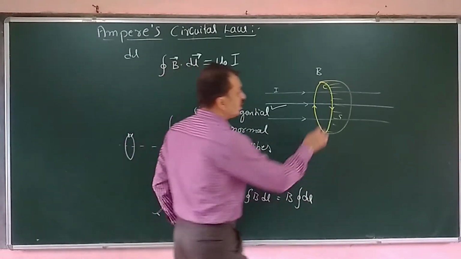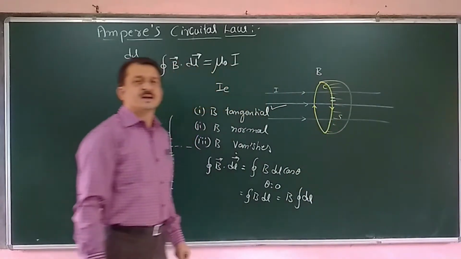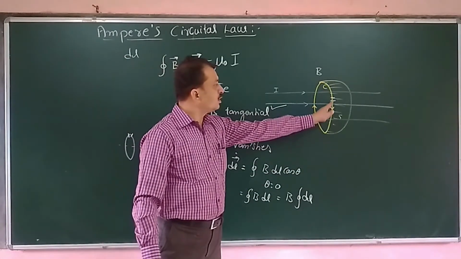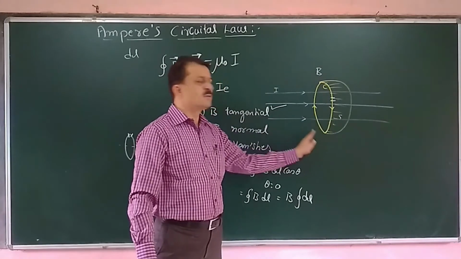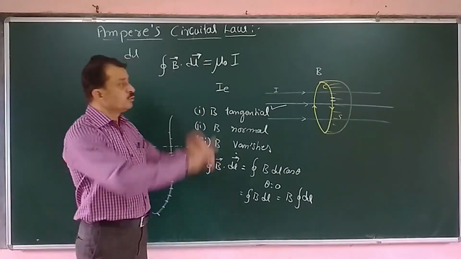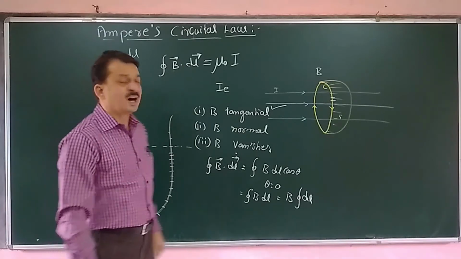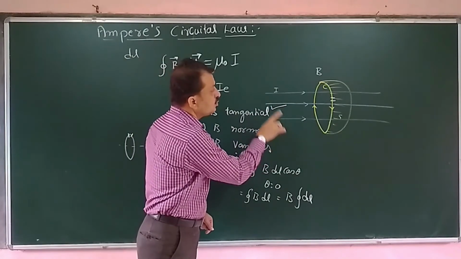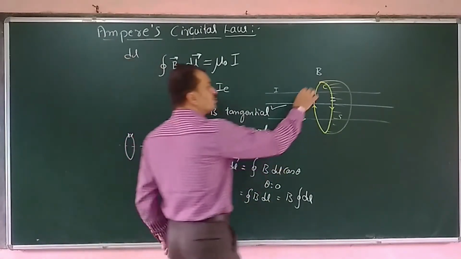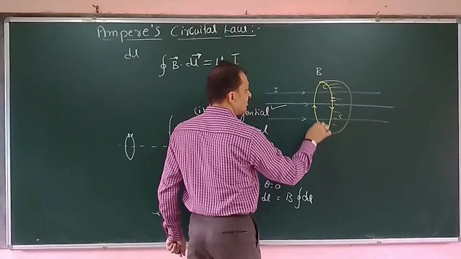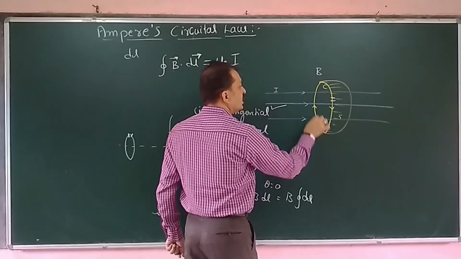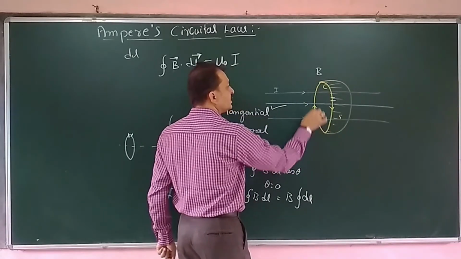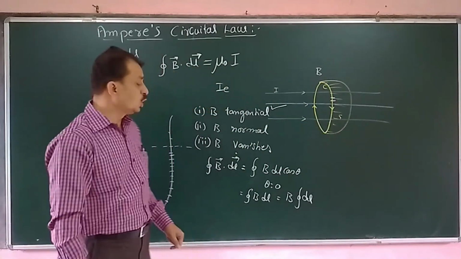Now dl is a small portion of that boundary. If you join all these small elements of the boundary, what are we going to get? We will get the total length of the loop. Here we have chosen this loop. This is the boundary and we call it a loop. Now integrating dl, it gives the total length of this boundary or the loop.